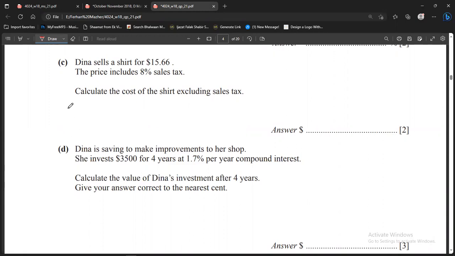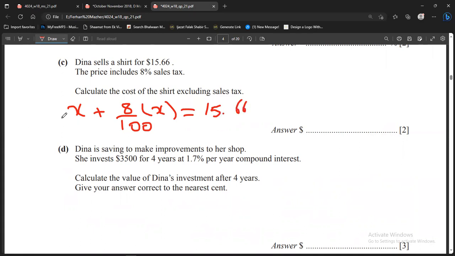So without the tax, let's say the price is X, and then you add 8% of X, and now the price is 15.66.